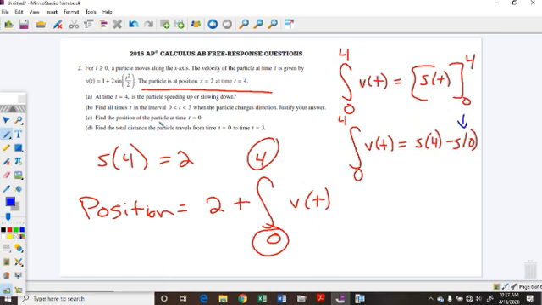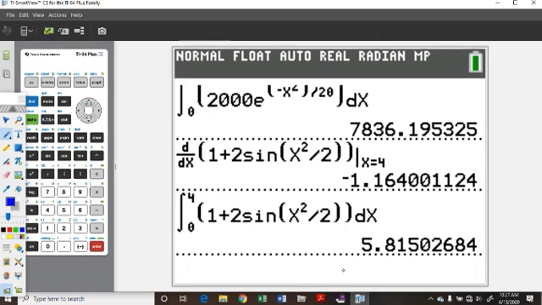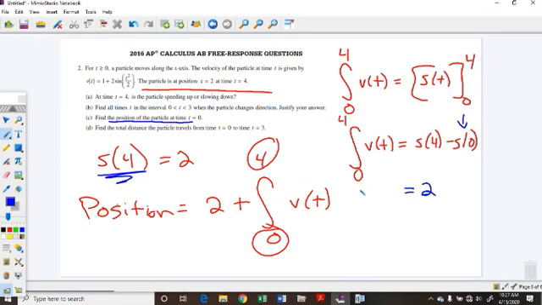Find the position of the particle at time t equals 0. Well, I know s of 4. It's 2. And we just found this out on the graphing calculator. It's 5.815. Minus s of 0.